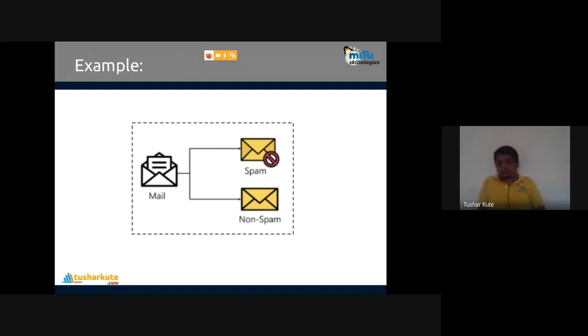Another example: a mail received in your mailbox is spam or not spam. Based on the features extracted, we predict which it is. These kinds of applications come under classification.